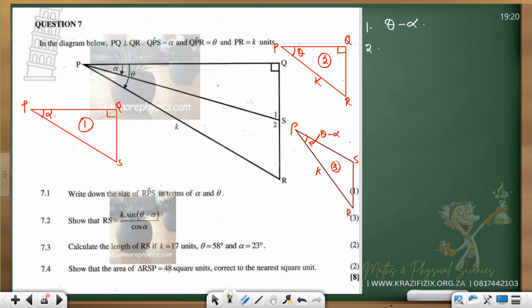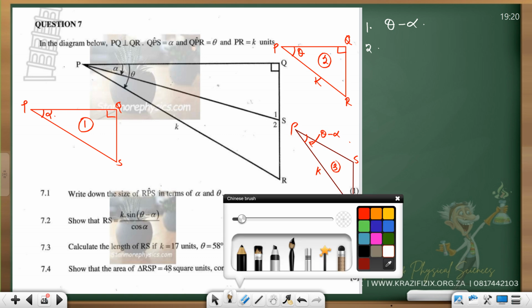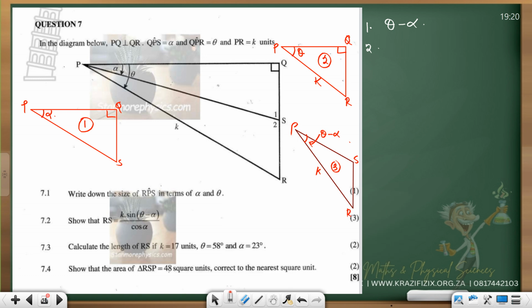Show that RS is equal to, okay. Show that RS. Where am I looking for? I'm looking for this. They said, look at all of this. Where would you find all of this? I already know theta minus alpha is there. I know K is here.